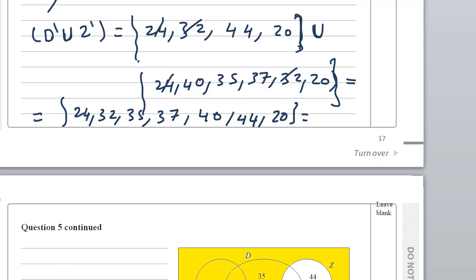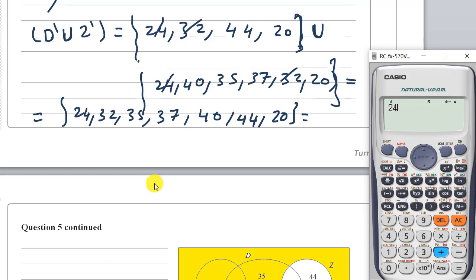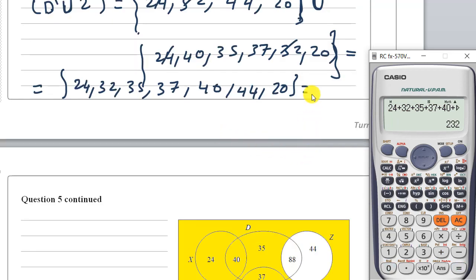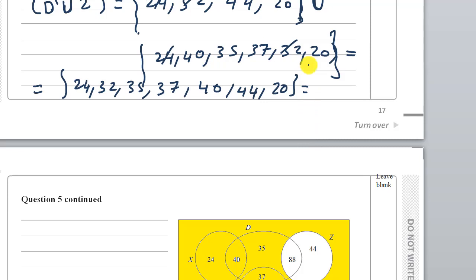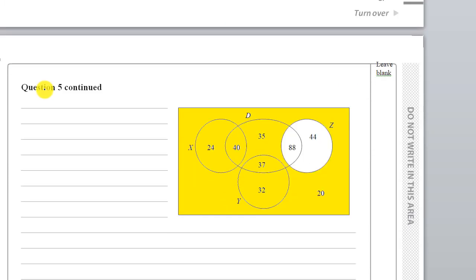So it's equal to 24 plus 32, 35, 37, 40, 44, 20. So it's 232. So the probability of D dash union Z dash is equal to 232 divided by 320.